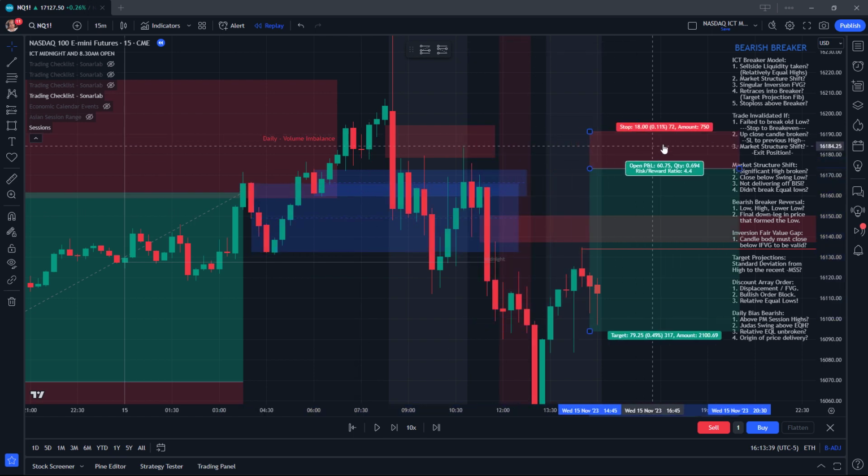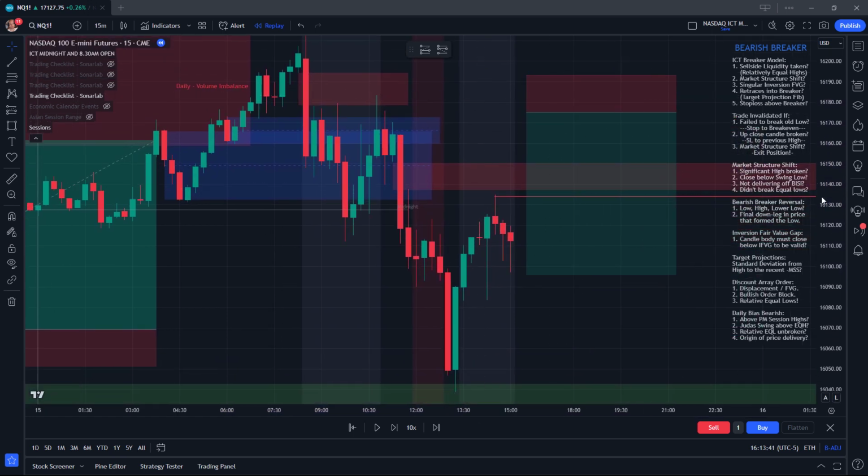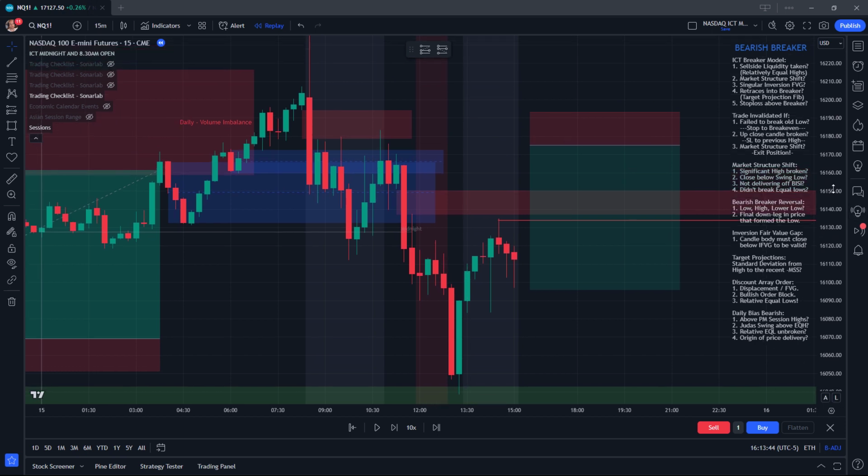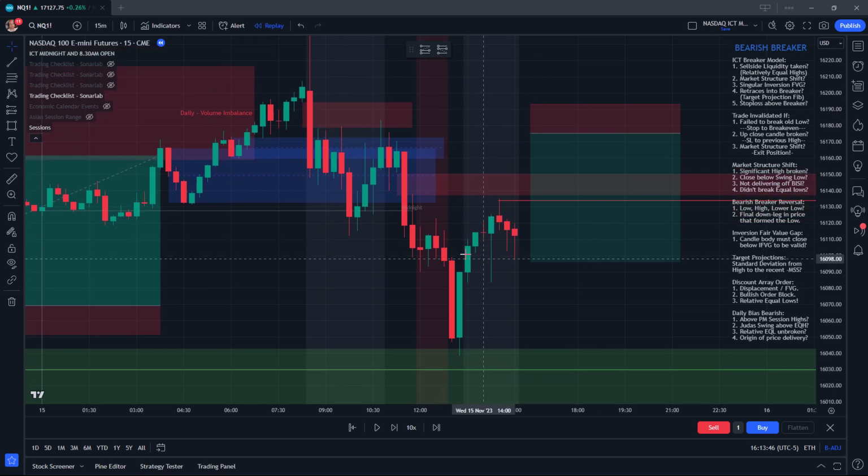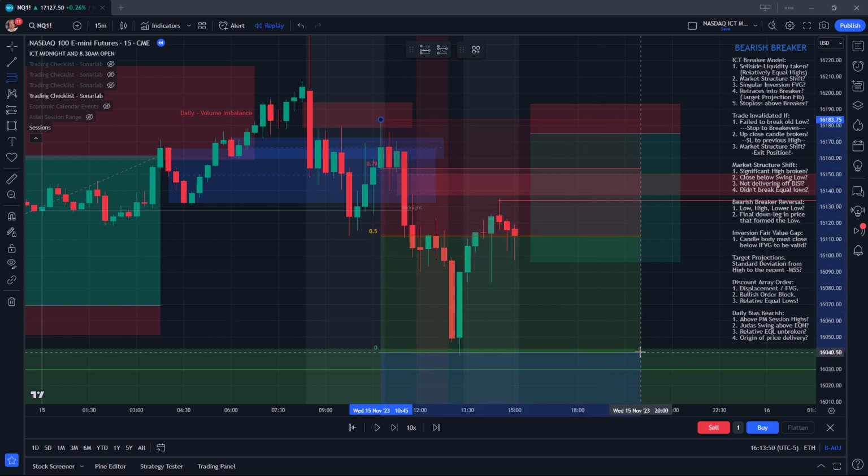If we missed this one, then we look for a singular inversion fair value gap in the most recent price run, using the most recent high and market structure shift low to find the premium and discount area of this price run here.